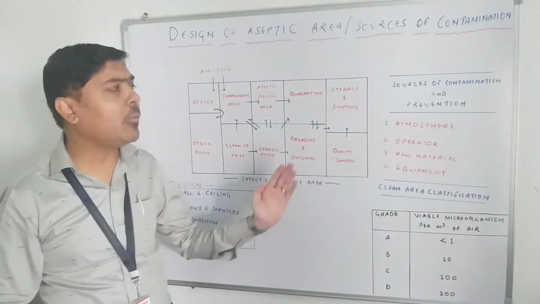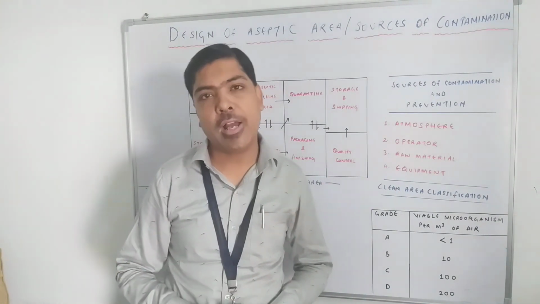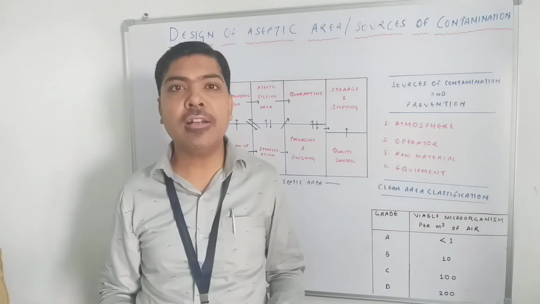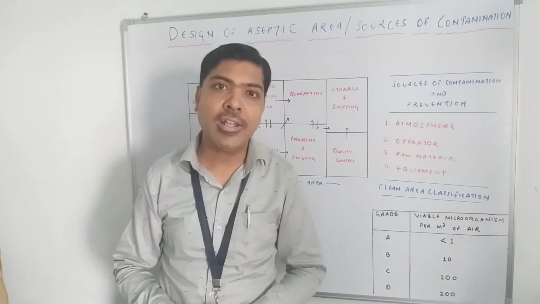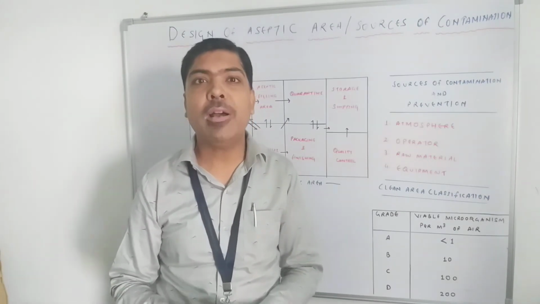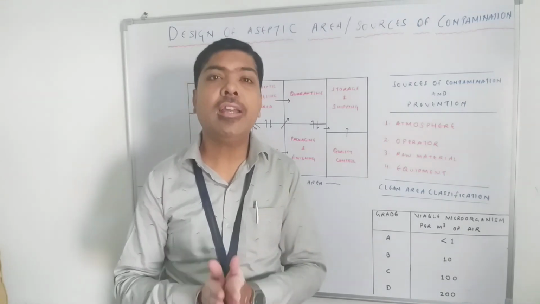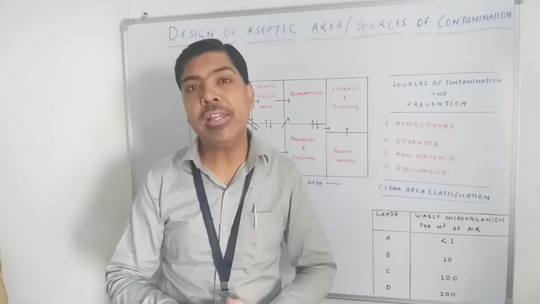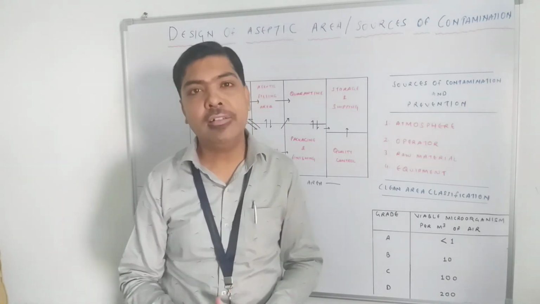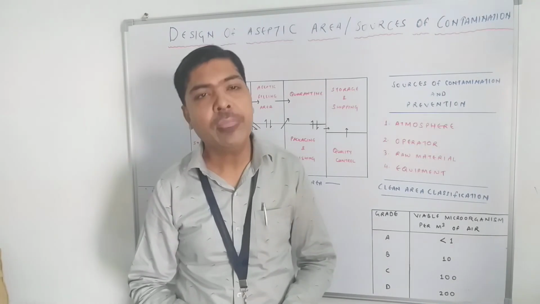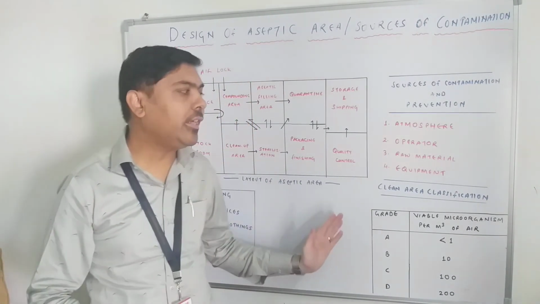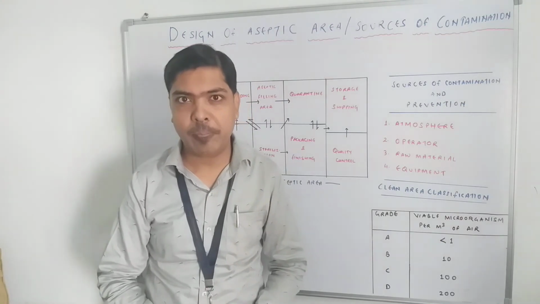We'll also discuss the different sources of contamination that can enter and spoil your product, and the different methods by which we can easily remove or handle these sources of contamination. And we'll also discuss the clean area classification.